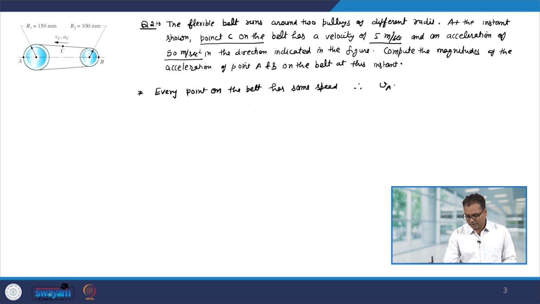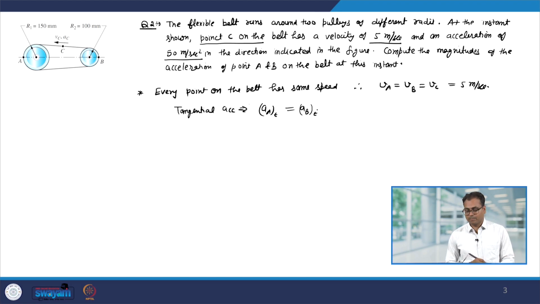Therefore, the velocity at point A, at point B and at point C, its tangential component will be 5 meter per second. Similarly, the tangential acceleration at point A, at point B, or at point C will be 50 meter per second square. So, this is again A_T and B_T.